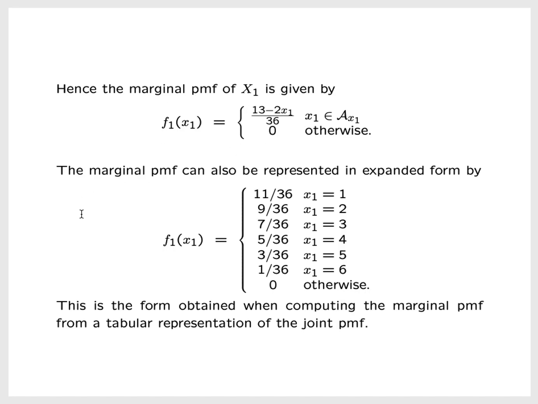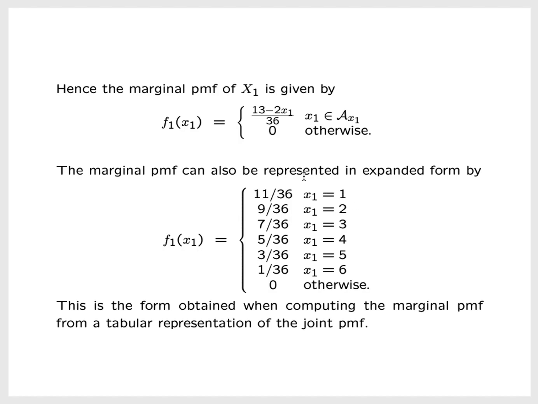But we can also express the marginal PMF in an expanded form in the following way. It's a piecewise defined function, as is this, but it's broken out in expanded form. And so it gives us the value associated with the marginal PMF for every value of X1 in its sample space.